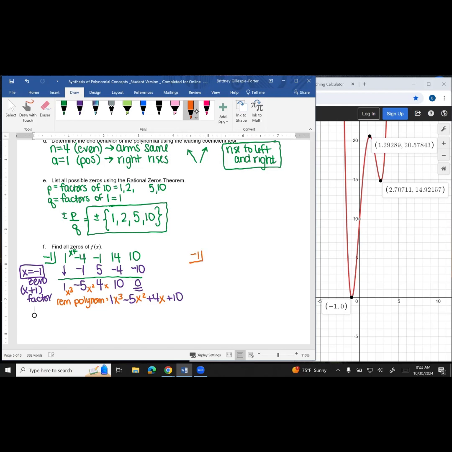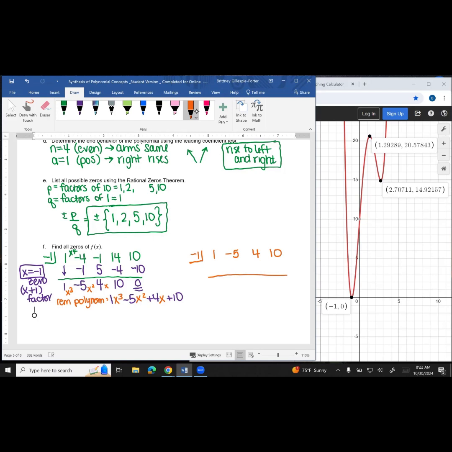So that -1 is going back into, excuse me, our loser corner, and we're going to take these new coefficients from our remainder polynomial. So 1, -5, 4, and 10.